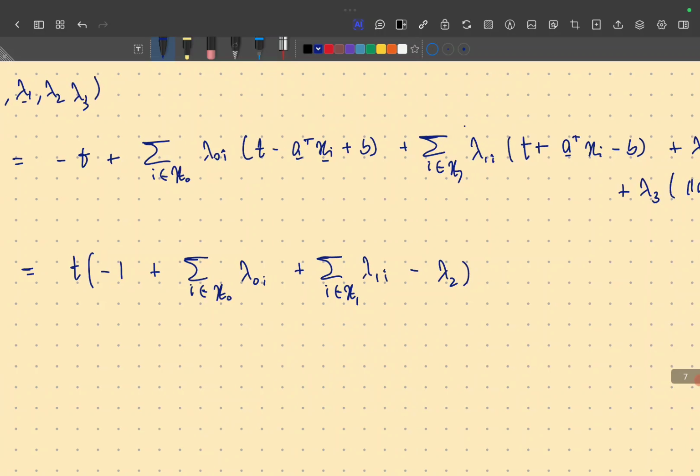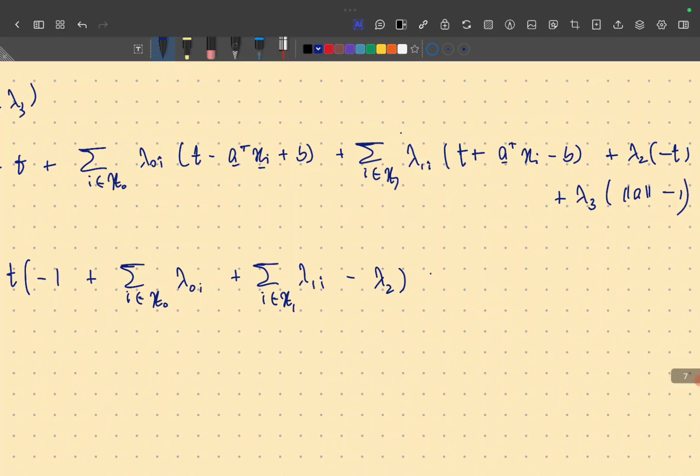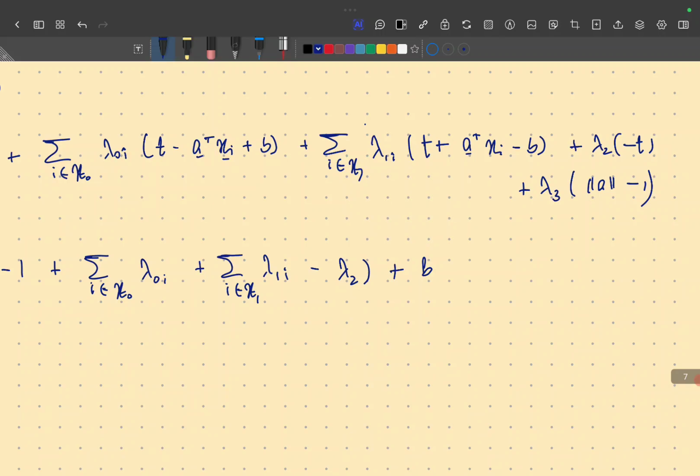These are all the terms that t gets multiplied with. Plus let's collect all of the terms that involve b. So b times the summation over i in x0 of lambda 0i minus the summation over all i in x1 of lambda 1i. None of the others involve b.